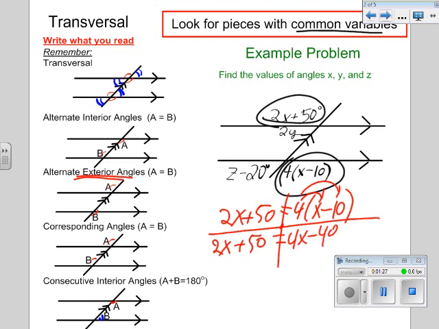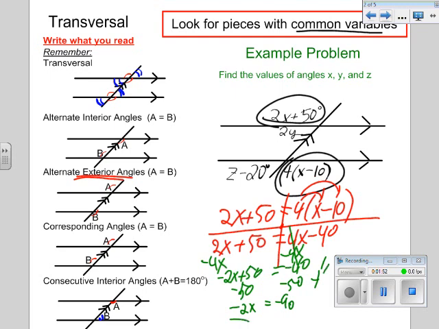You have to move the x's to the same side, so you'll do negative 4x to both sides. Then you're going to want to move the 50 over with negative 40, so the opposite of plus 50 is negative 50. Do that to both sides, and you'll end up with negative 2x equals negative 90.